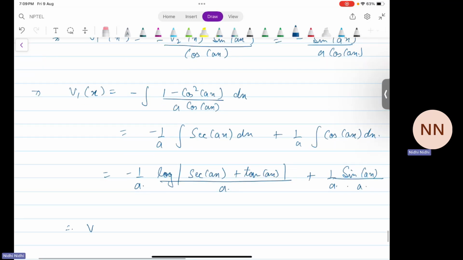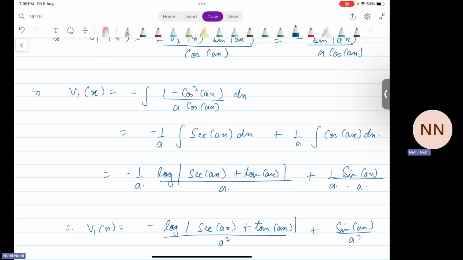Therefore, v1(x) is equal to minus log(sec ax plus tan ax) by a square plus sin ax by a square.